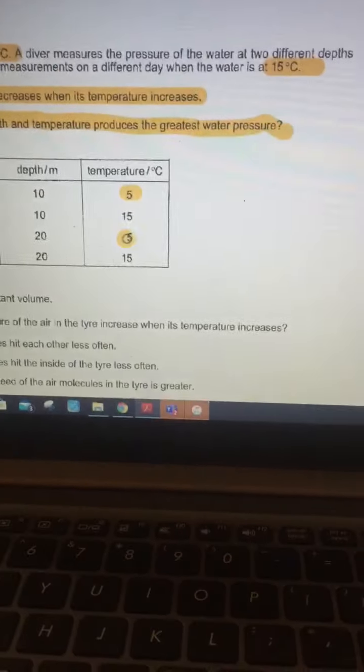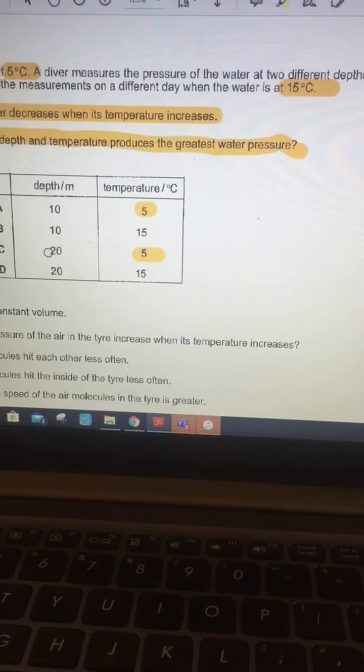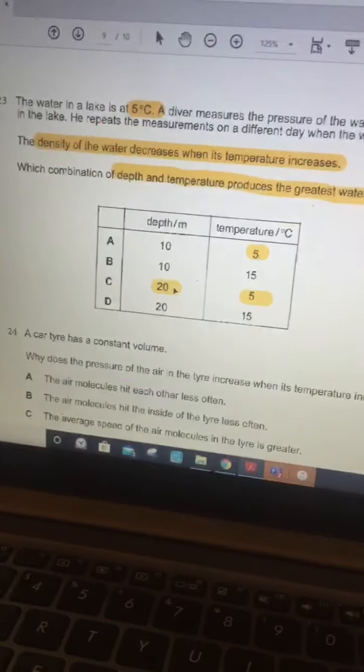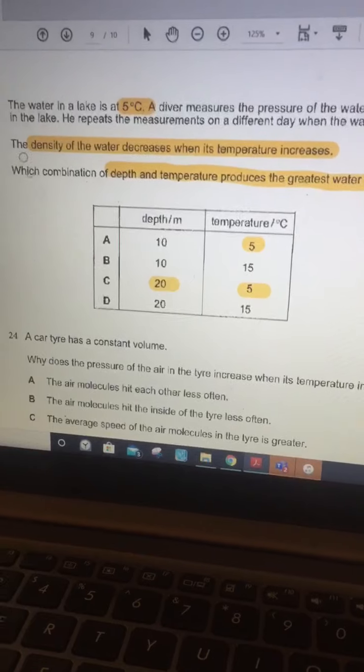To have the greatest pressure, we should have the greatest depth and greatest density. Greatest density means lowest temperature. So the lowest temperature is 5, and at 5 you need to have the greatest depth, so 20. So the answer is C.